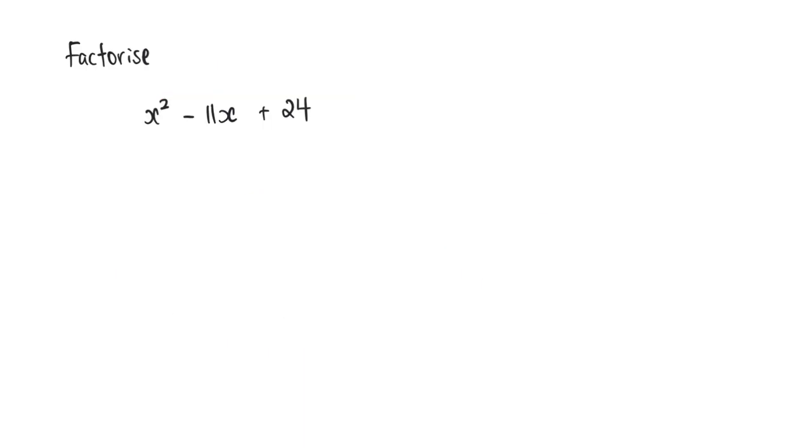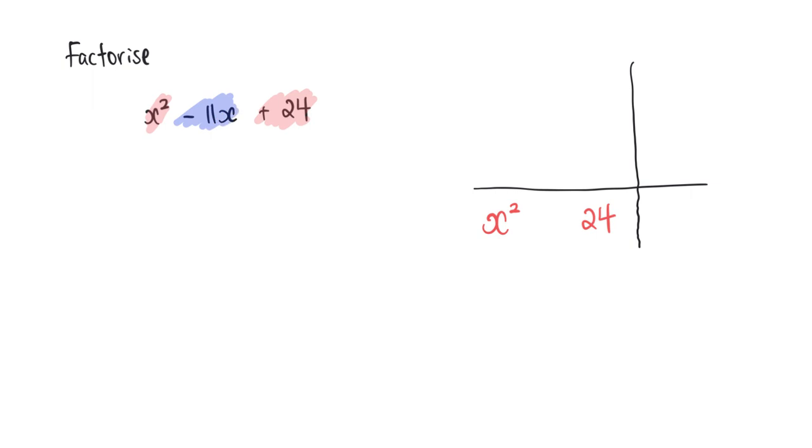Hello everyone. For this part of the question, we do need to factorize the following. And Mr. Tan going to make use of my cross chart to do that. So I would have my x squared and positive 24 written here. I will also have my negative 11x written here.